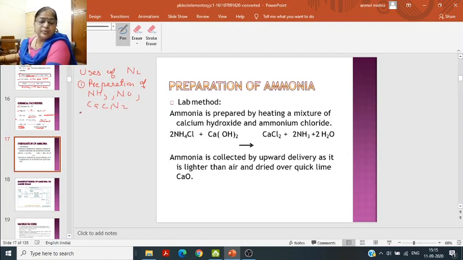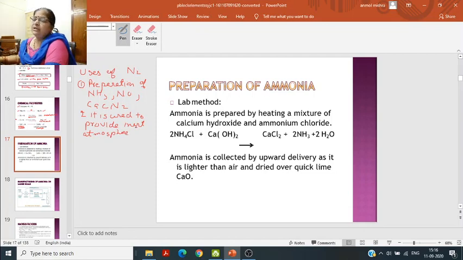Number 2, it is used to provide inert atmosphere. Some reactions take place in the absence of other gases, so to provide inert atmosphere.